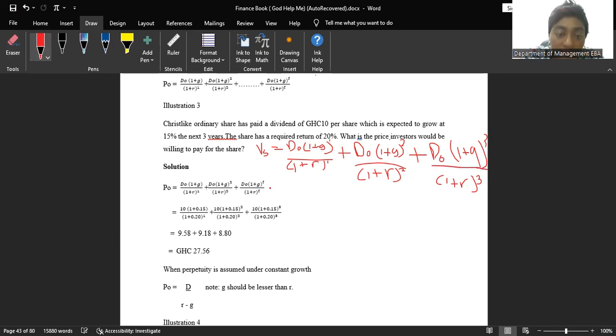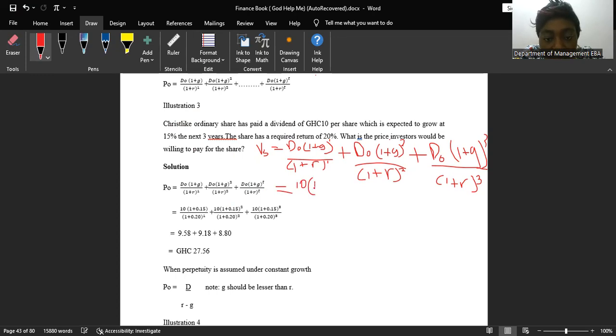And that is okay. So now we have to identify the information and substitute the appropriate values. So we have what? D0 is what? 10. It is going to grow by what? 15%.